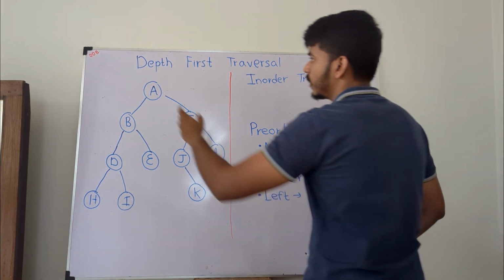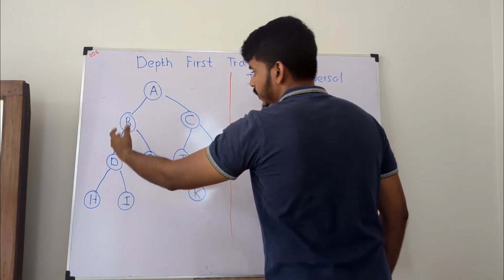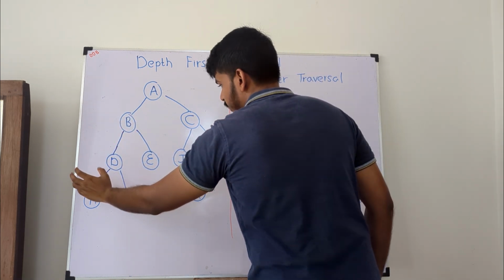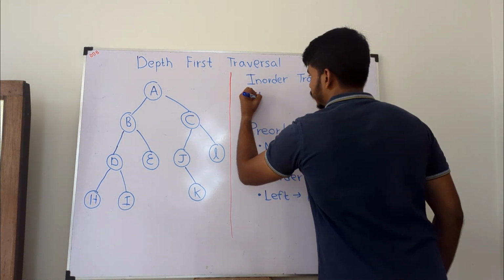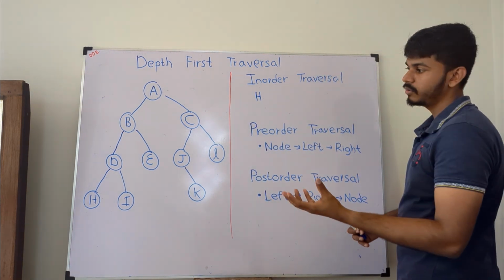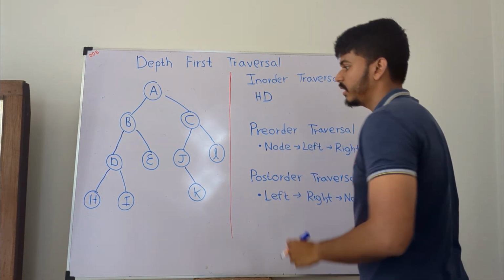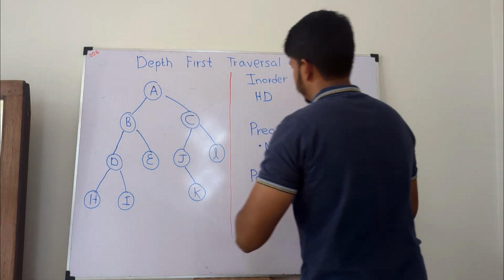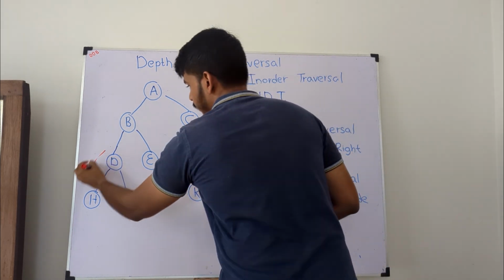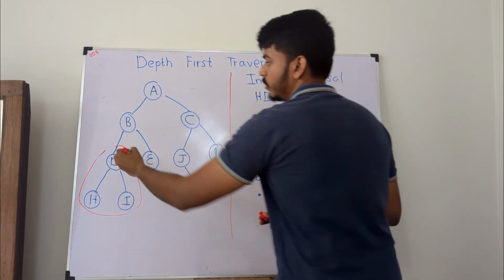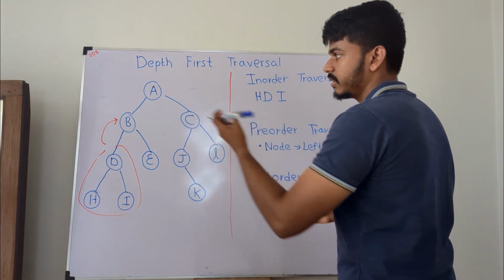So first, starting from left, B. B also has a left child D, then D also has a left child H. So the first in this in-order traversal is going to be H. Then after that, go to the node of it, which is D. So after that, the right child I. Then that subtree has been completed. Then we can move to the node of that subtree, which is B.